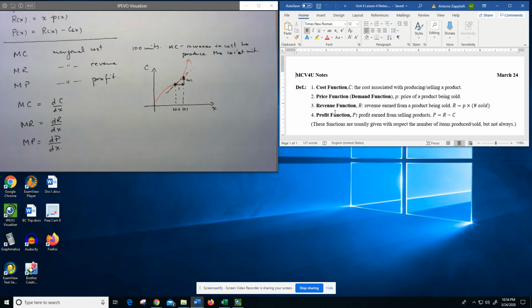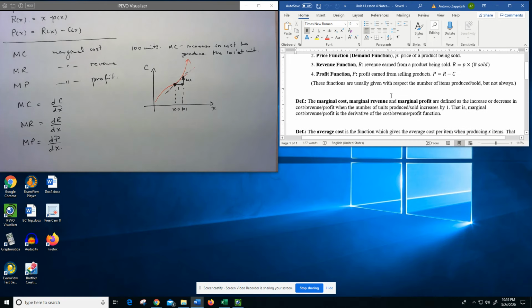Now, depending what type of economics course you'd be taking, you might not actually ever be bringing in this idea of derivatives, okay? But given that we have access to calculus, we realize that what the marginal cost, revenue, and profit represent is just the derivative of that function with respect to the number of items being produced.